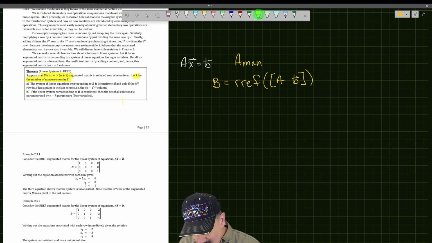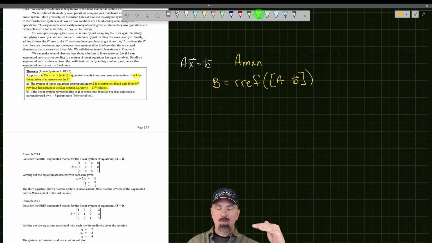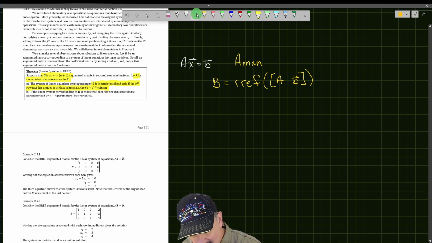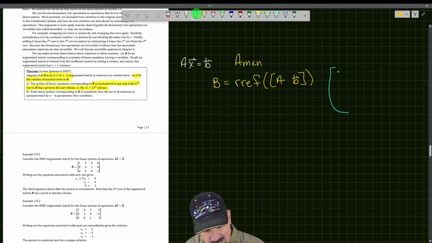Then it says that B is inconsistent if and only if in our last non-zero row, the pivot is all the way to the right. So we already know this. What all this is saying, and that's why I want to highlight it, is it's not saying anything special.